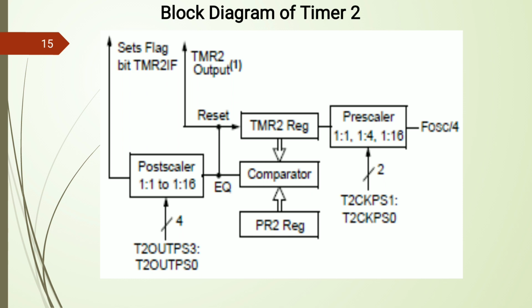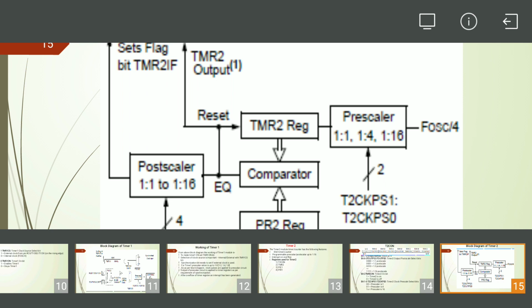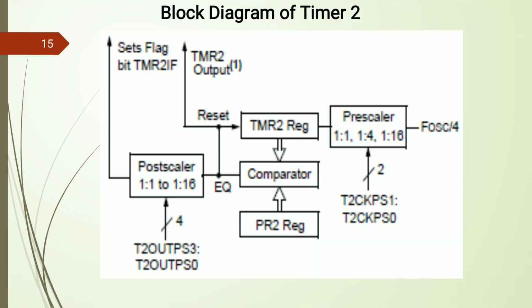After the comparator generates a high signal, the timer is automatically reset, and again it starts from the initial value in the incrementing direction. After reaching the value loaded in PR2, it again generates a comparator high signal. In this way the cycle continuously repeats with the timer 2 comparator equate reset.